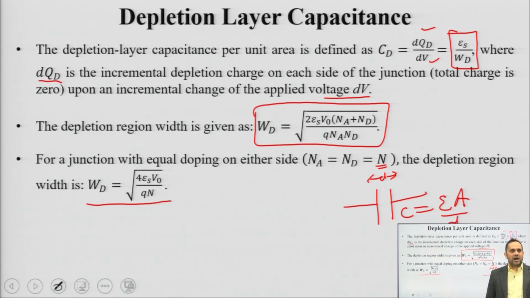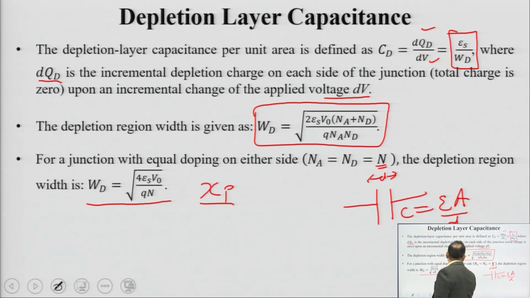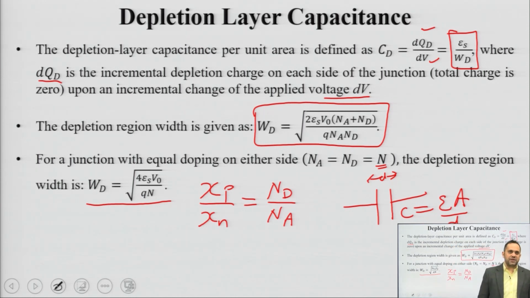Okay. So, this is going to be my equation for that type of depletion region where there is equal doping on either side. Such type of junction, because the ratio of depletion region width is inversely related to the doping, okay, because Na and Nd are equal, which basically means that Xp and Xn are also equal. So, the total depletion region width Wd is going to be equally distributed on the P side and the N side.